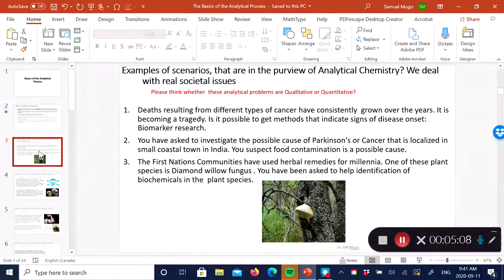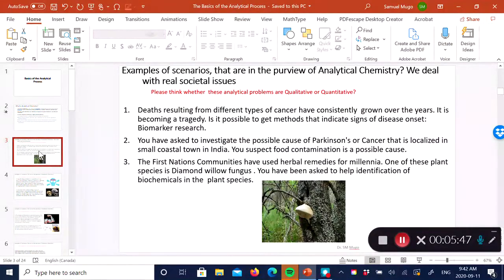Case number three. The First Nation communities have used herbal remedies for a long time. One of these plant species, and I took an example, is diamond willow fungus. It's a mushroom. And you've been asked to identify the biochemicals, be it phytochemicals, polyphenols, and so on, in these plant species so that you can advise maybe the First Nations or even beyond what is the appropriate dosage to use when people are using diamond willow fungus extract.